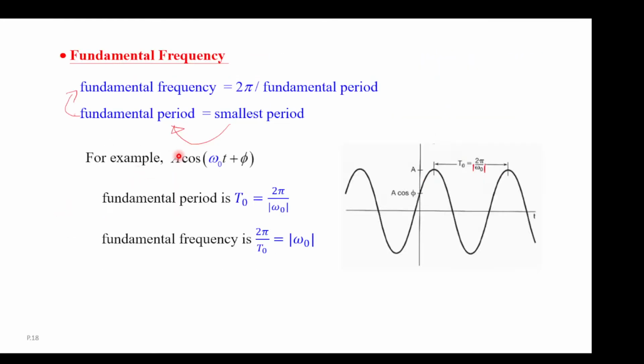So for continuous time signals, fundamental frequency and fundamental period are related nicely. Fundamental period is 2 pi divided by fundamental frequency, and fundamental frequency is 2 pi divided by fundamental period, although by definition the fundamental period is what starts the definition chain.